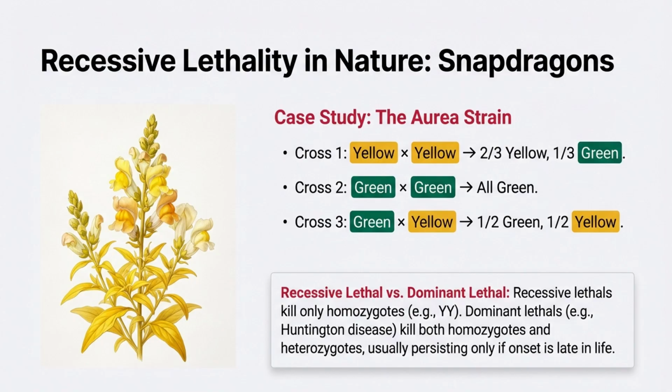Huntington disease is mostly inherited as a dominant trait, and individuals are born because the expression of the Huntington disease gene results in death later in life. So the allele for Huntington disease is a dominant lethal allele.